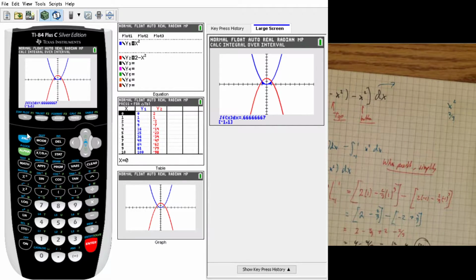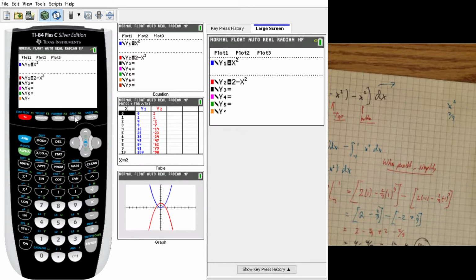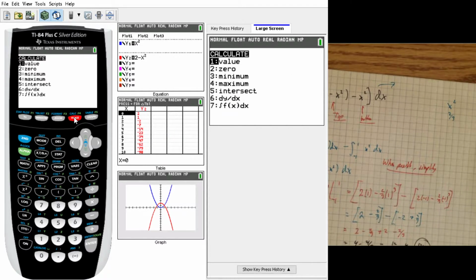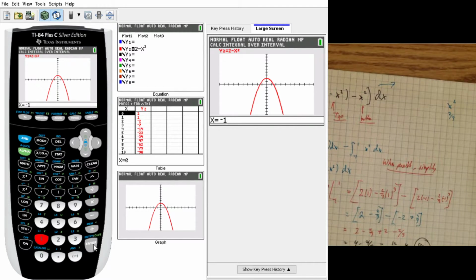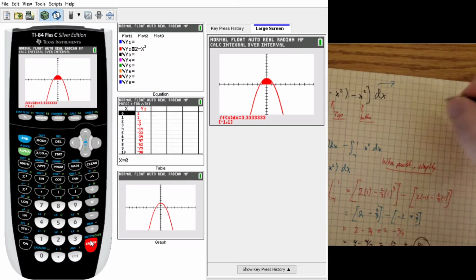Whereas for the red one, from -1 to 1, it has an area of looks like 3 1/3.